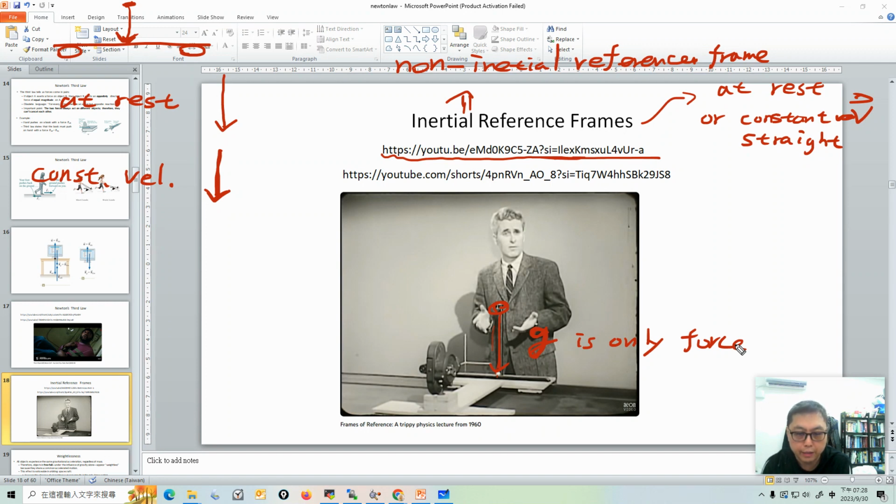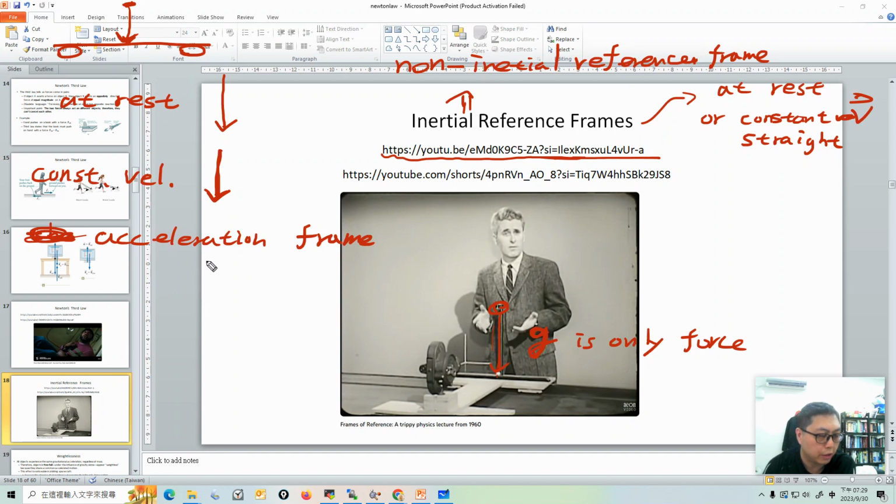But let's say the whole system has acceleration. If you are in an accelerating frame, the whole motion of this apparatus accelerates in the x direction, and then he takes a picture again and shows the trajectory.